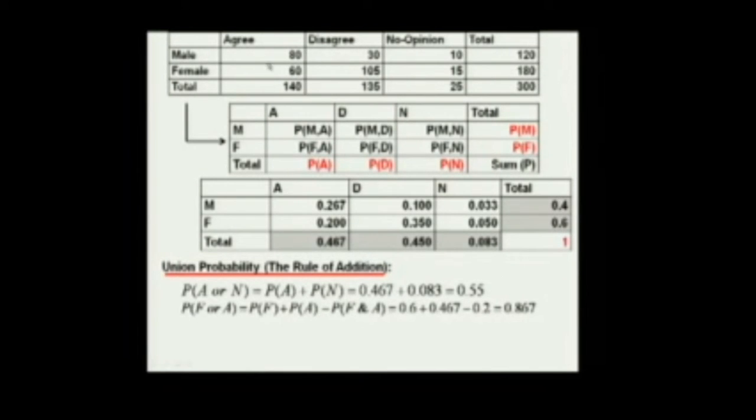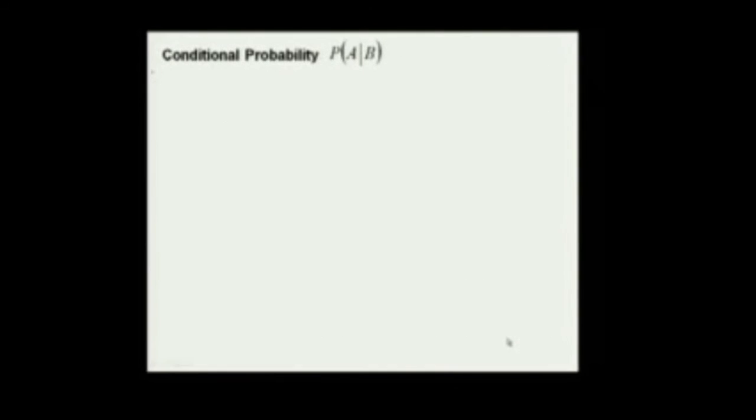P(A), which is the total of agree, 140 divided by 300, which is the 0.467 here, minus female and agree, that's 60 divided by the 300, which will be the 0.2 value, and you can get it here from the table directly, and that gives us the probability of F or A, and so on.